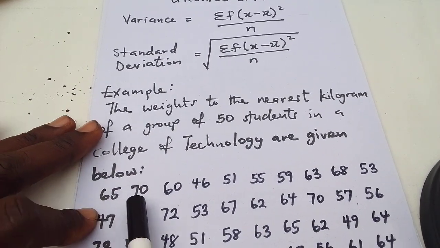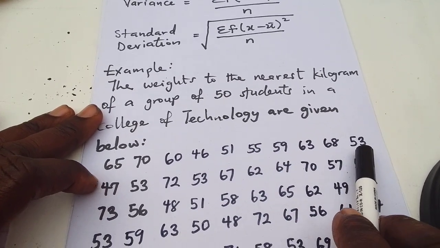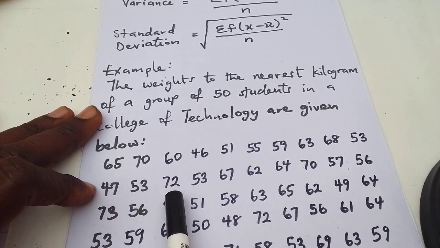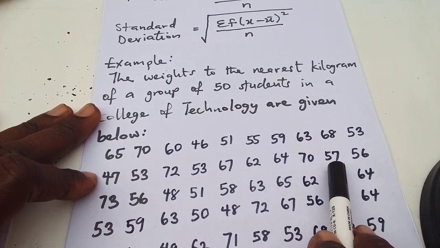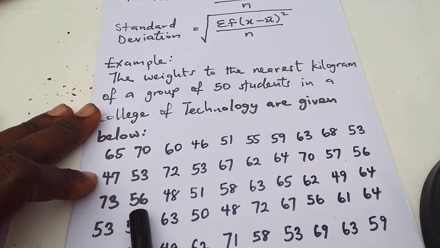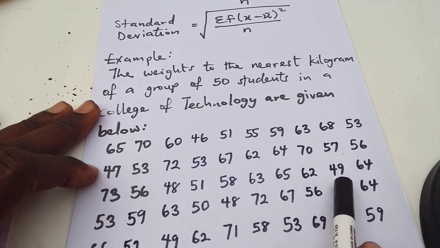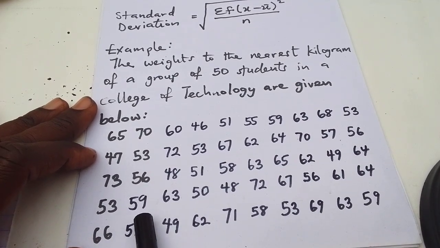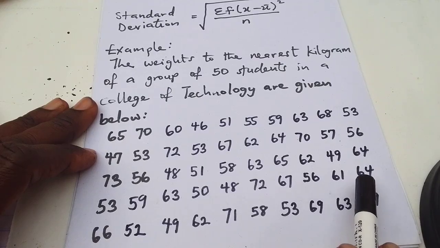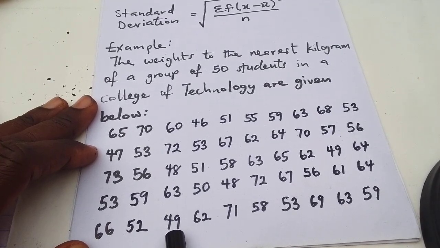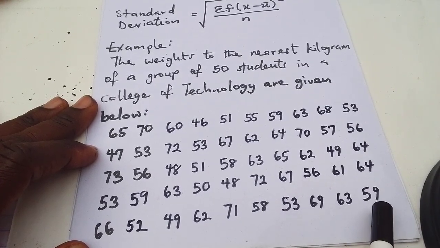We have 65, 70, 60, 46, 51, 55, 59, 63, 68, 53, 47, 53, 72, 53, 67, 62, 64, 71, 57, 56, 73, 56, 49, 51, 58, 63, 65, 62, 49, 64, 53, 59, 63, 50, 48, 72, 67, 56, 61, 64, 66, 52, 49, 62, 71, 58, 53, 69, 63, 59.